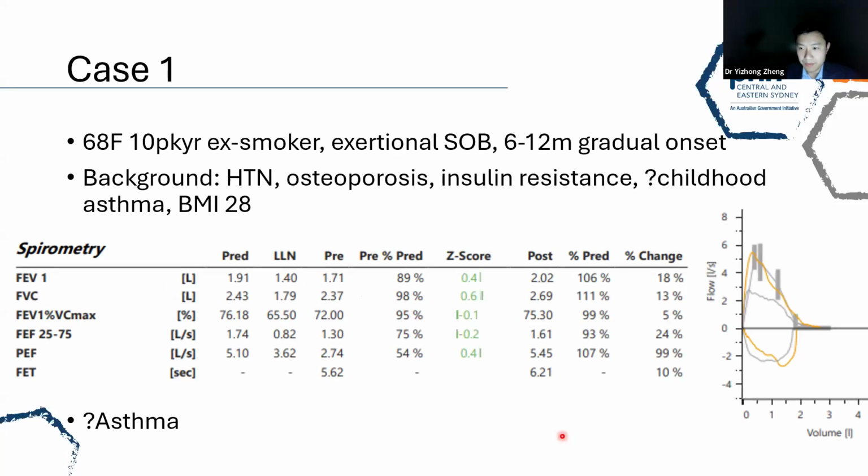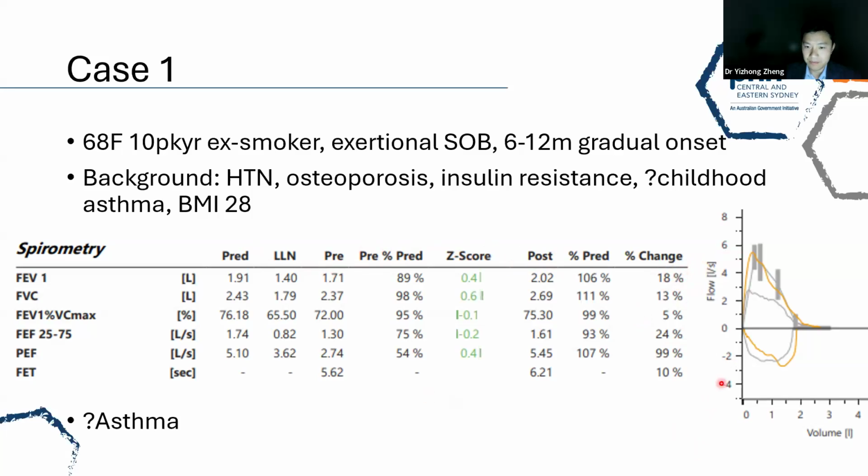If you look purely at the numbers, it would support a clinical suspicion of asthma, as there is a 300 ml difference between the pre and post bronchodilator FEV1, or 18% change post bronchodilator.